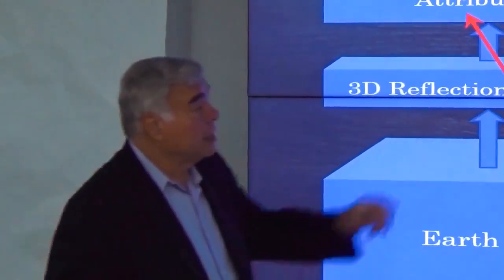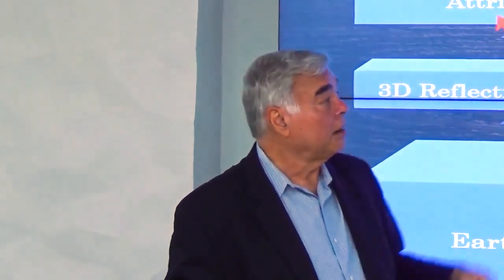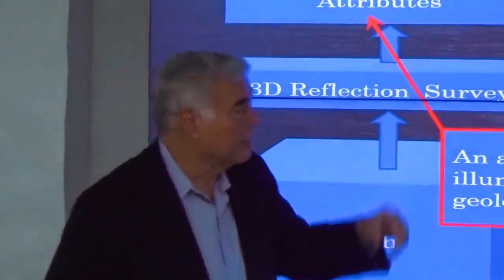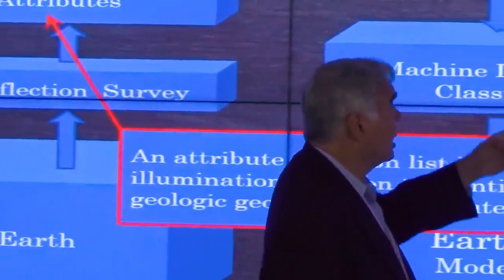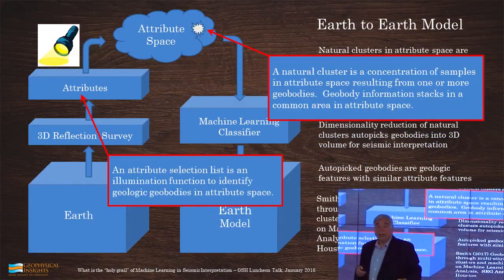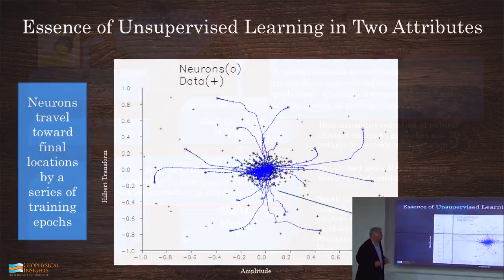The natural clusters identified in attribute space are concentrations of samples in attribute space, and we're using machine learning to identify where they are, and that's the basis on which we do our classifications. We're not interested so much in the natural clusters. Big deal. Who cares about that? We're interested in our estimates of the geobodies. That's really the fundamental thing that we're interested in.